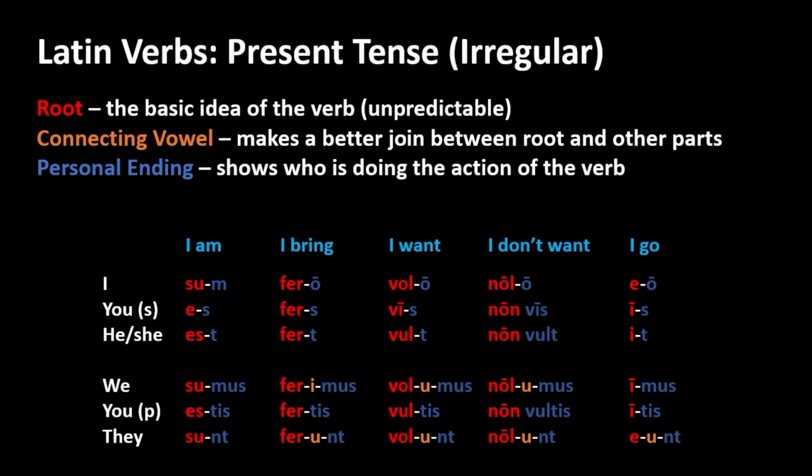Rote learning, you learn sum es est, sumus estis sunt, and so you work across the table going down. These are important verbs. They are used very often, and so it is essential that you should be able to recognize these verbs in any of their parts, and the only way that you can recognize these verbs in any of their parts is to learn them.